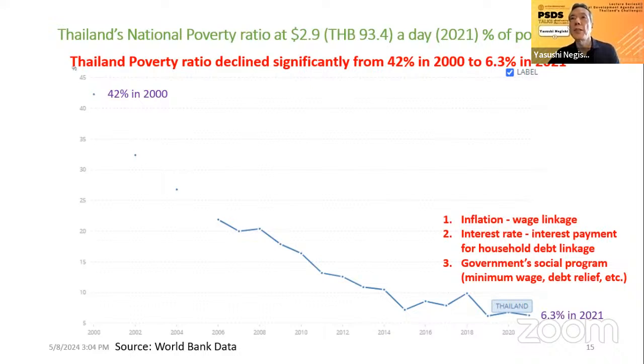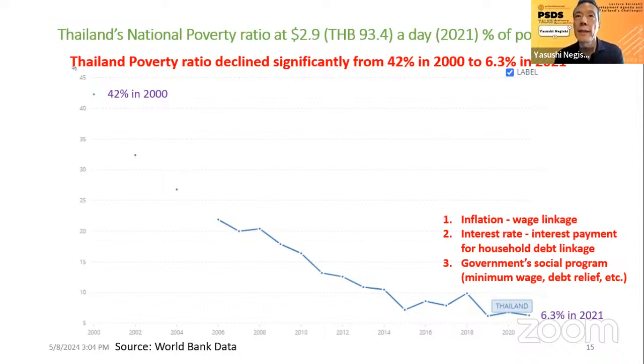And according to this borderline, Thailand still has a 6.3% poverty ratio in 2021. But as you can see from this graph, Thailand has also been very successful in reducing its poverty ratio. This graph, by the way, starts from the year 2000, so it indicates the situation during the past 20 years. Thailand has been able to reduce its national poverty ratio dramatically during the past 20 years.